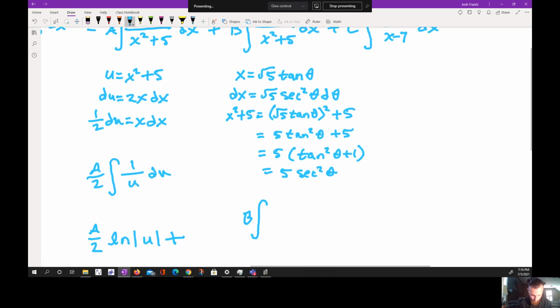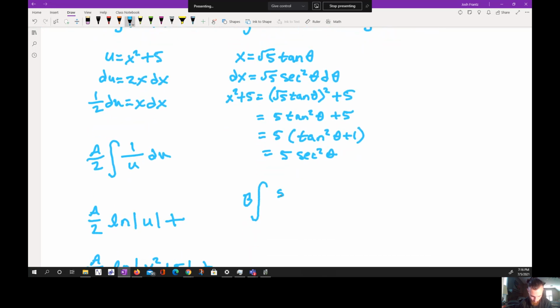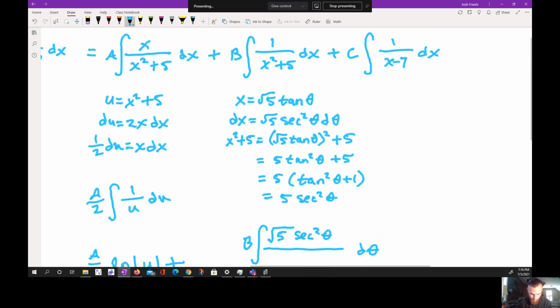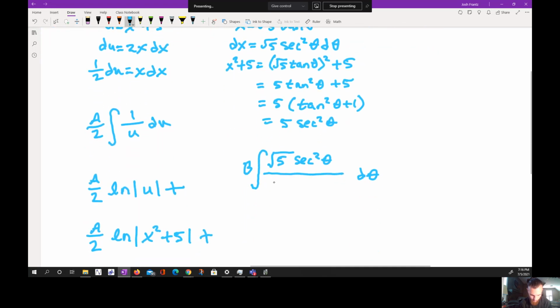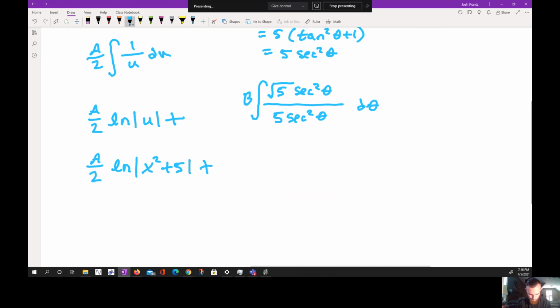So we said dx is equal to the square root of 5 secant squared theta d theta. And we said x squared plus 5 is equal to 5 secant squared theta. Perfect. Now we can evaluate this integral.